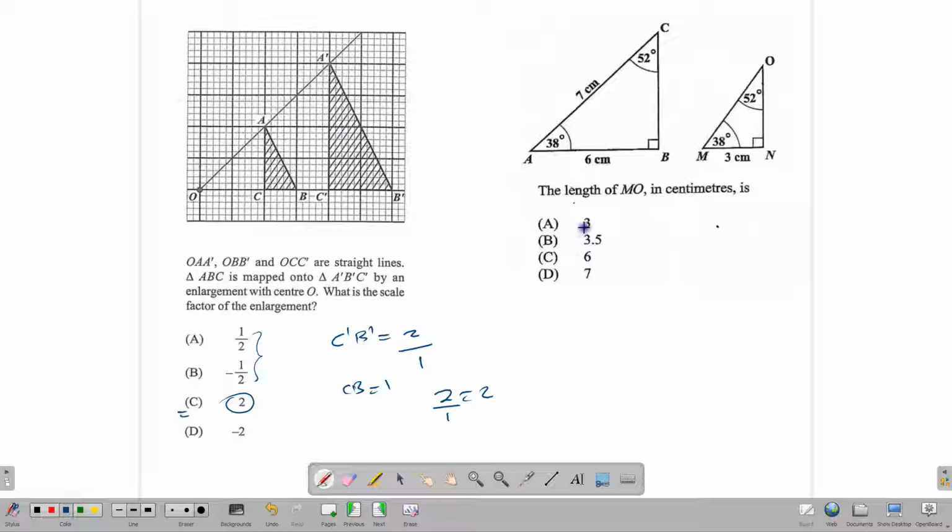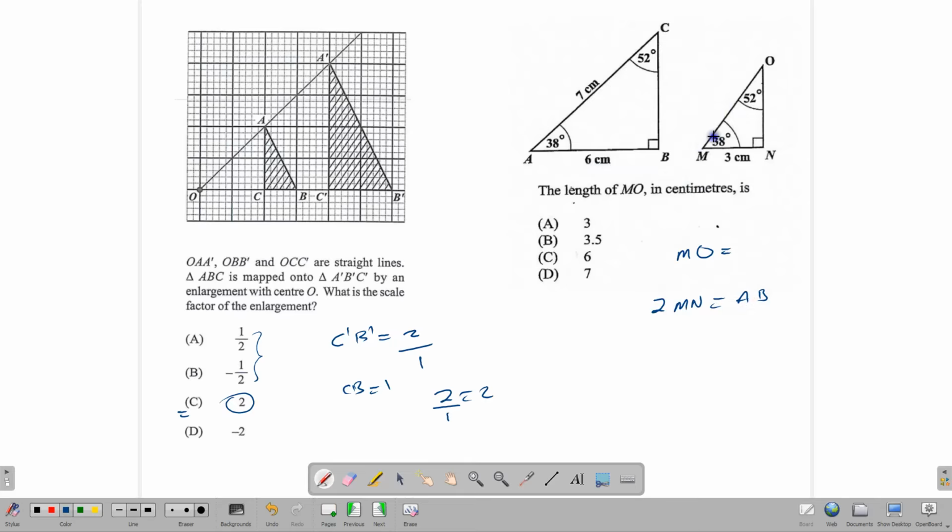Now let's look at this one. The length MO in centimeters. Now let's look at this diagram. They are similar triangles. This side AB is 6. This side MN is 3. So this one is double this one. Notice they're similar triangles, same angles here. So if this side is double this one, then this side has to be double this one. So 2 times MN is equal to AB.